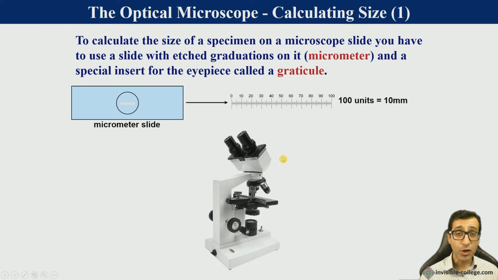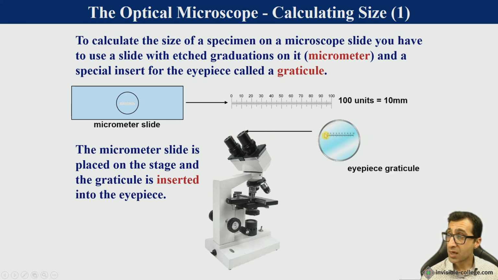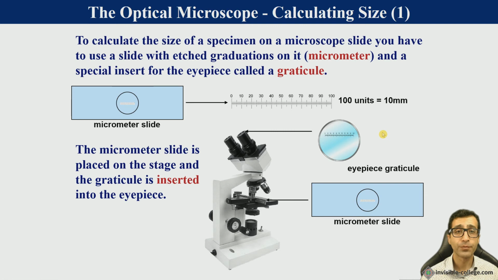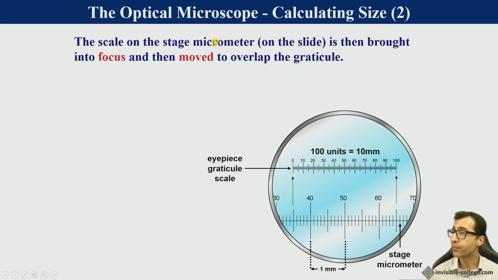Now, the micrometer slide is then placed on the stage, and the graticule is then inserted into the eyepiece. Now, the eyepiece graticule contains another of these etched graduations. So how do we use the micrometer slide and the graticule to calculate very accurately the size of an object as viewed under the microscope?